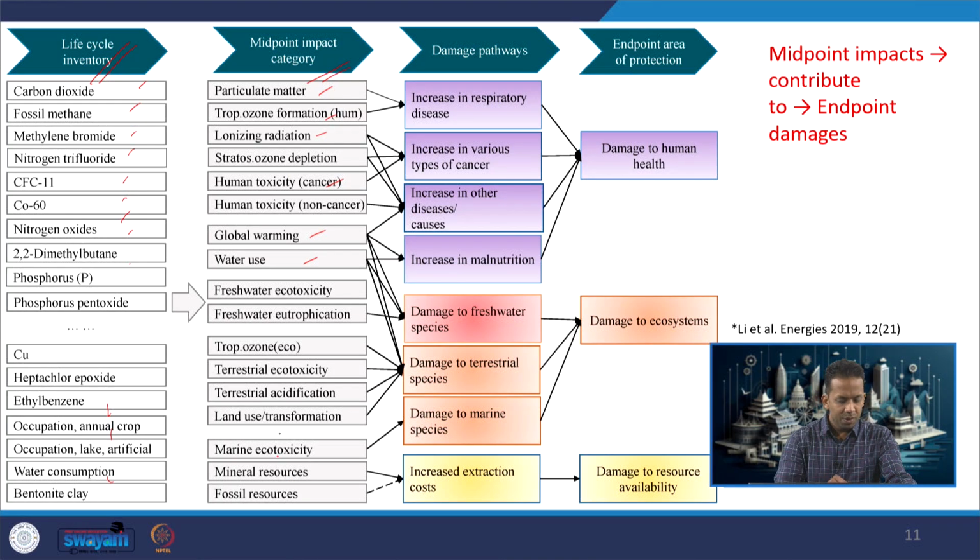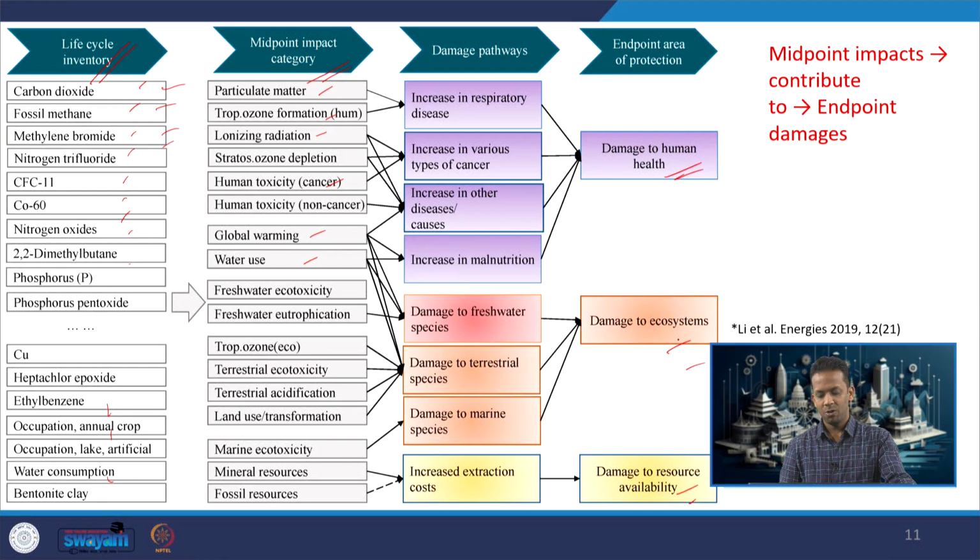Now, because of this life cycle inventory, there is a potential impact caused by each of these inventory flows, and these impact categories measure that potential impact. Once that impact happens, it will damage human health, ecosystem or resource availability. But these are very broad areas.